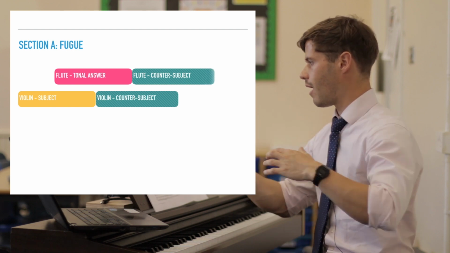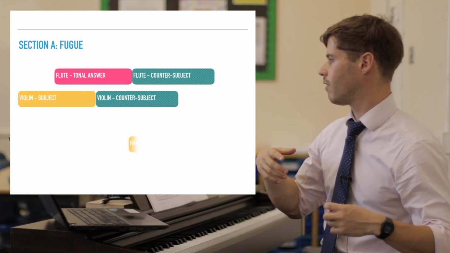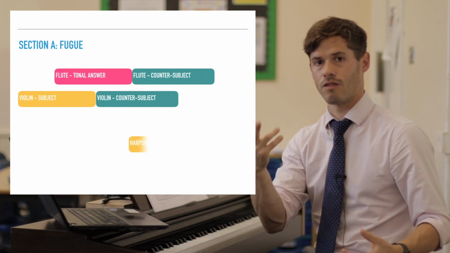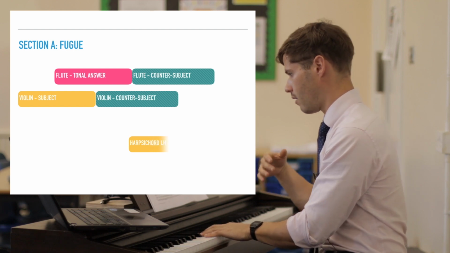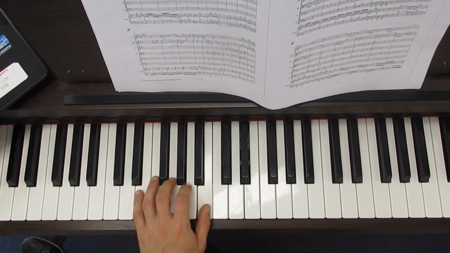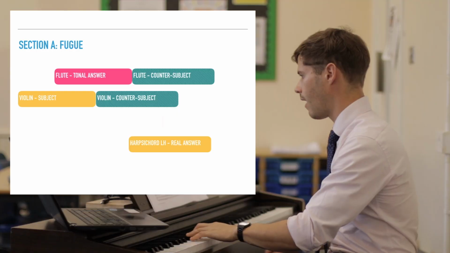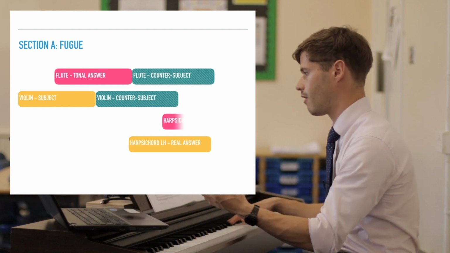And that goes on, and then in bar 9 the harpsichord comes in. Our third soloist comes in with another answer, this time a real answer. And then it plays in the right hand a tonal answer, just like the flute did.